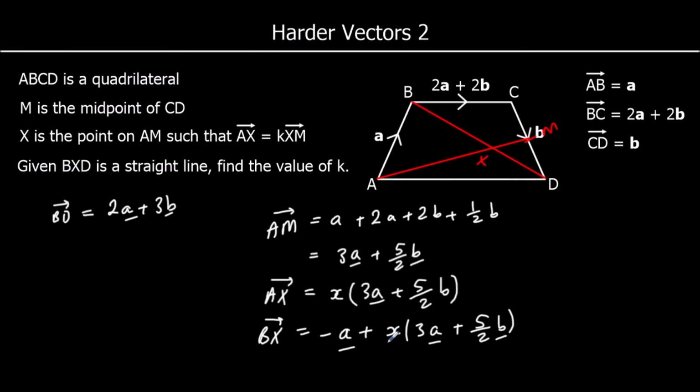And we can use the fact that BXD is a straight line by saying B to D, a fraction of this is B to X. So we'll use another letter for a fraction. We'll use y this time. So y times B to D equals B to X, because they're on the same straight line, so it must be a multiple.